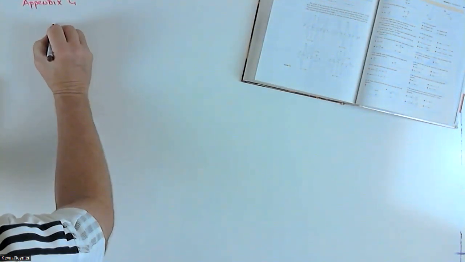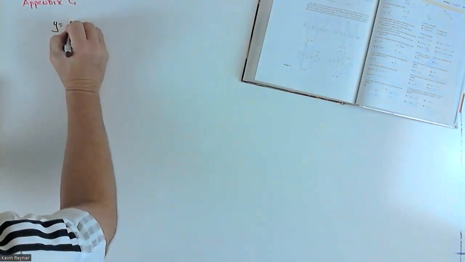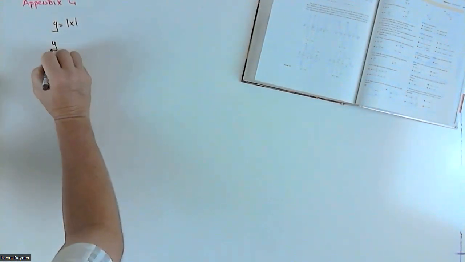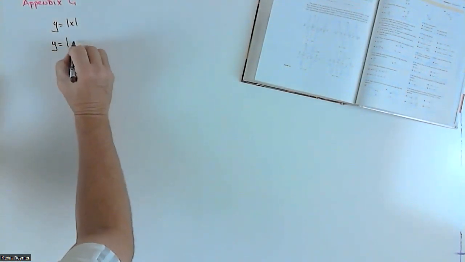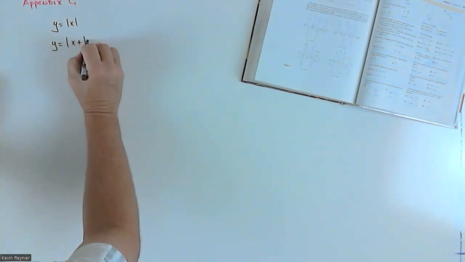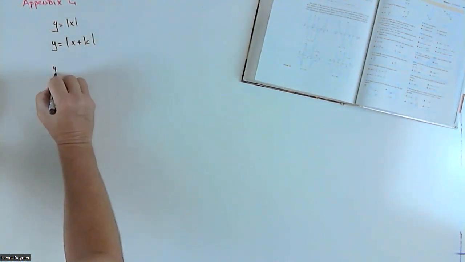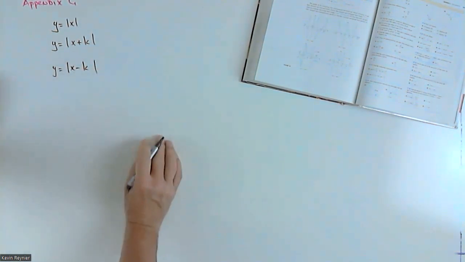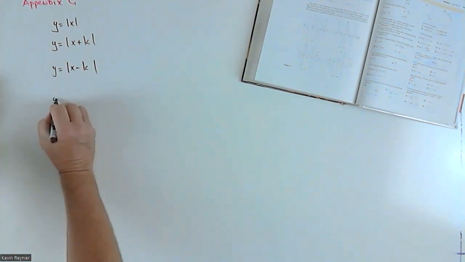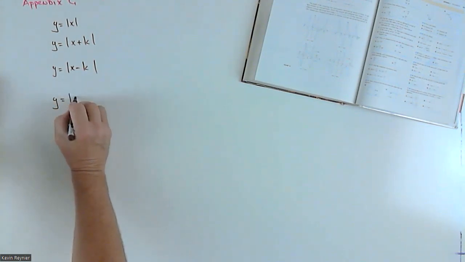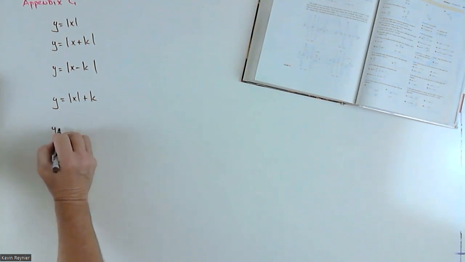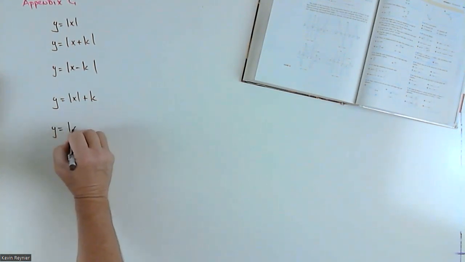Let's just use y equals the absolute value of x as our base graph. What can happen with that? Well, we can add a number inside. We can subtract a number inside. We can add a number outside. We can subtract a number outside.